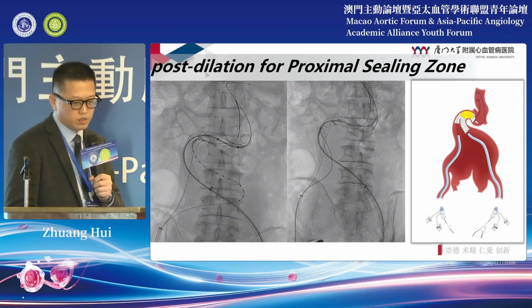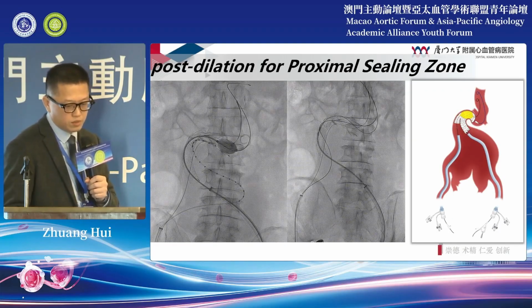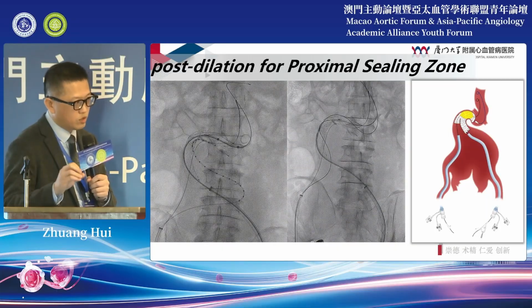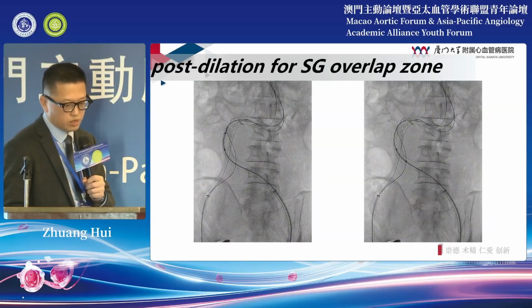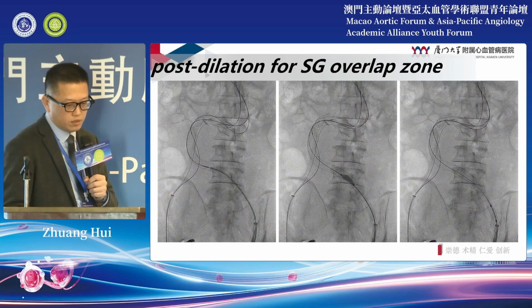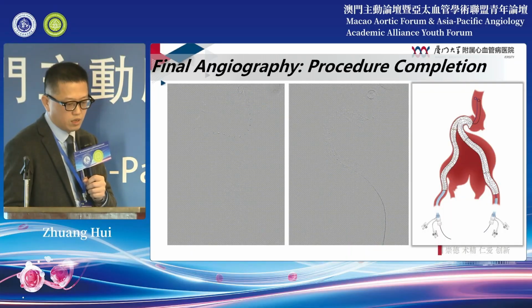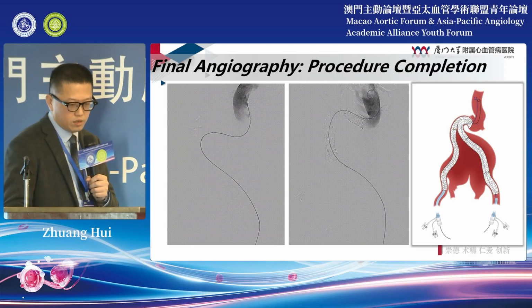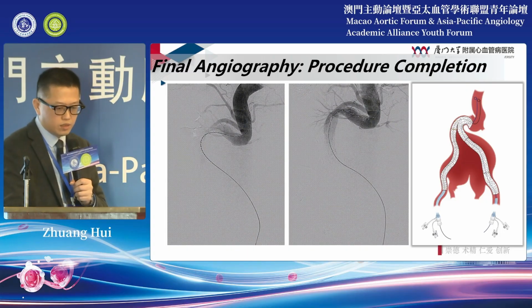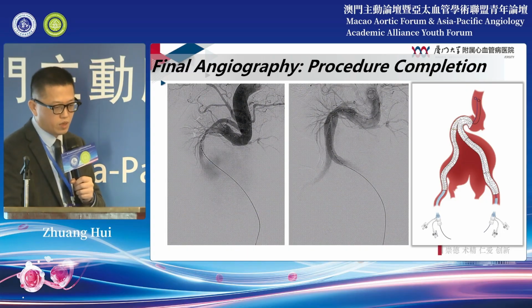Then the post-dilation for the proximal sealing zone, and post-dilate and overlap, followed with the deployment of the iliac extension. And after that, we get the best result, and I think the result is acceptable.